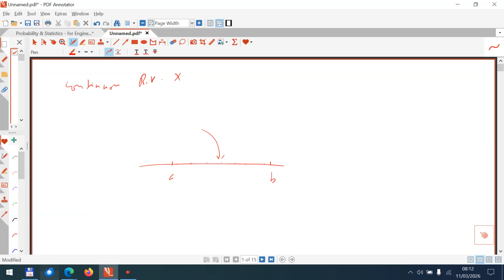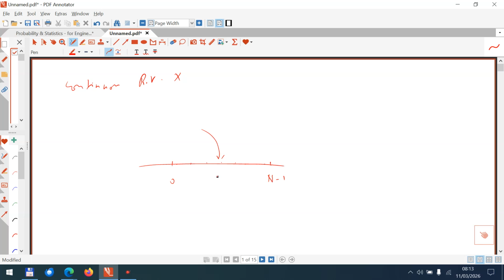Let's keep this even simpler. Instead of a and b, let's call this 0 and let's call this n minus 1. So n can be some number.